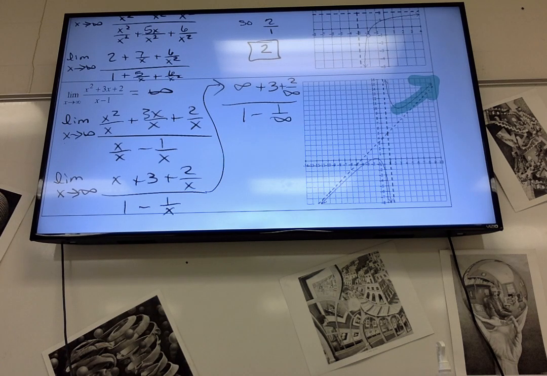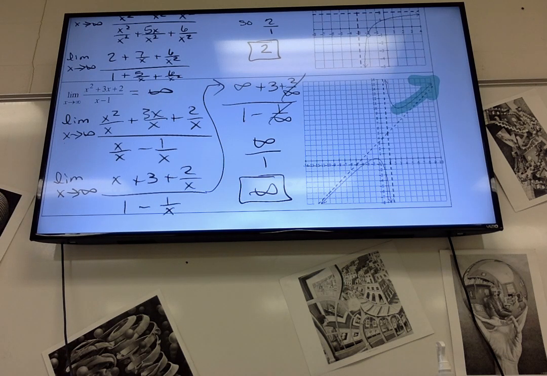So anything divided by infinity goes to 0. So these basically go away. There's infinity plus 3. If you have infinity and you add 3 to it, it's still infinity. And then at the bottom you have 1, so notice we get infinity.